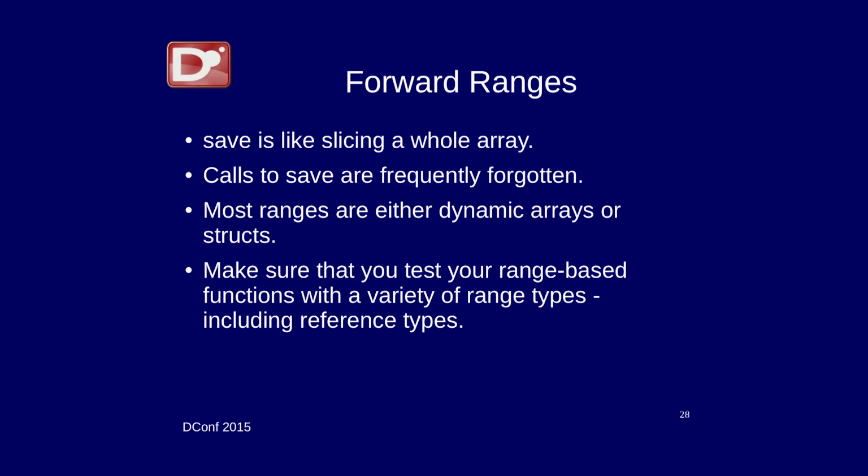Even just using foreach is going to eat your range. But because most ranges are dynamic arrays or structs around dynamic arrays or value types that were structs, like in the case of count to 10, we screw this up frequently. So testing is really the only solution, I think, to solving that problem.